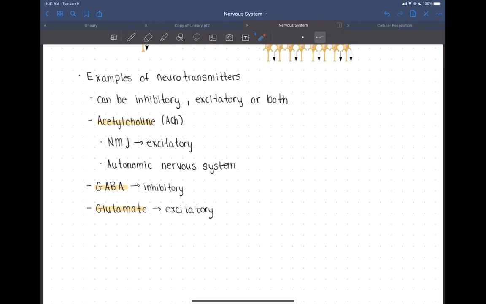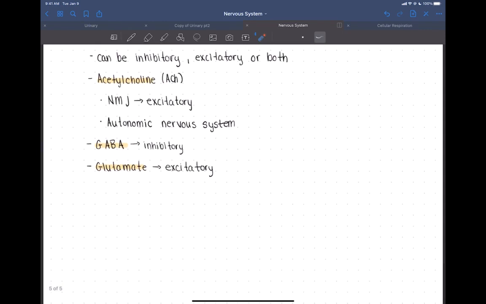Acetylcholine we're already familiar with. We saw it at the neuromuscular junction as an excitatory neurotransmitter. We're also going to see it in a later chapter, as it's involved in the autonomic nervous system as well, not just muscle contraction. The autonomic controls things like smooth muscle and cardiac muscle.